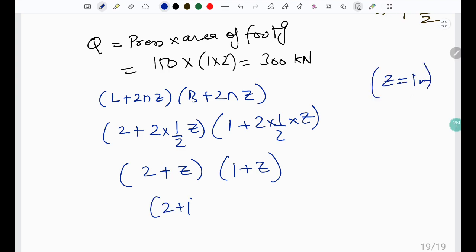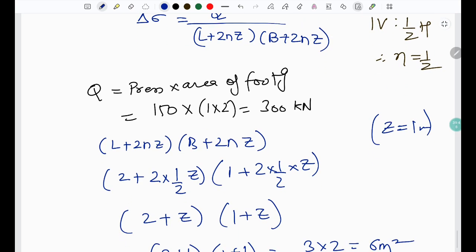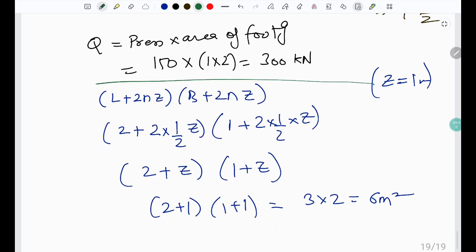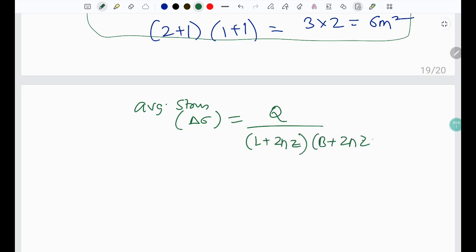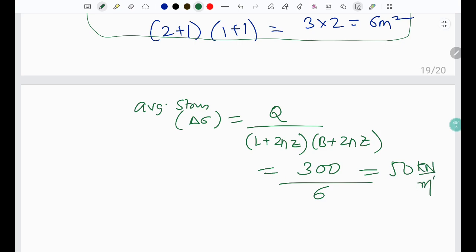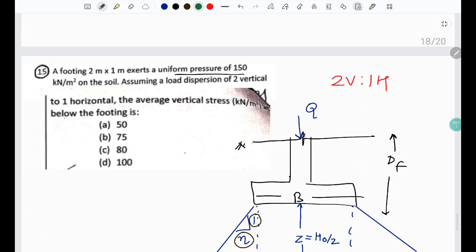Therefore this will become 2 plus 1 and 1 plus 1, that is 3 into 2, that is 6 meter square. Therefore this is our new area, and average stress is given as delta sigma as Q by L plus 2nz into B plus 2nz, where our Q came 300 and our area came 6 meters square, that is 50 kilonewton per meter square. Answer A.